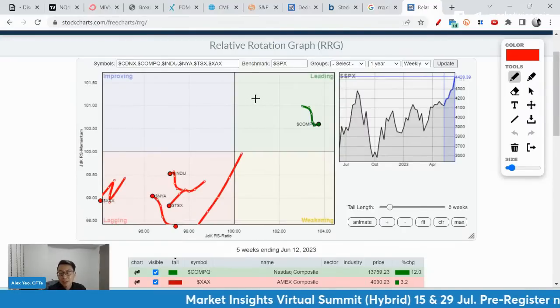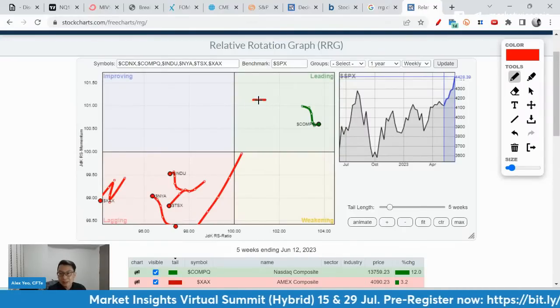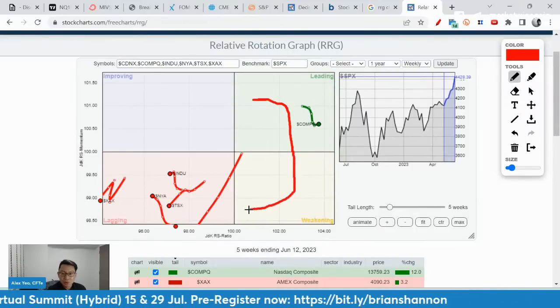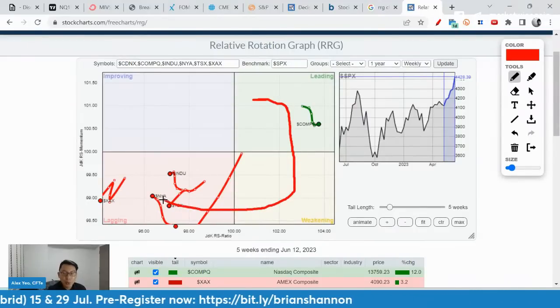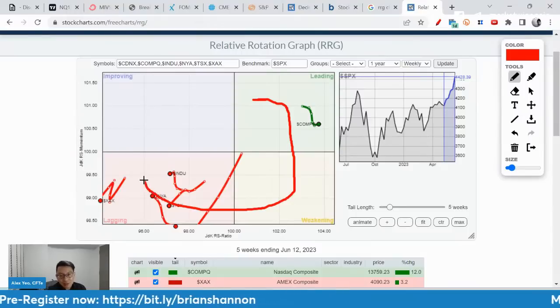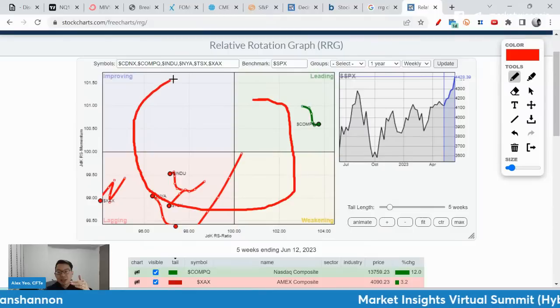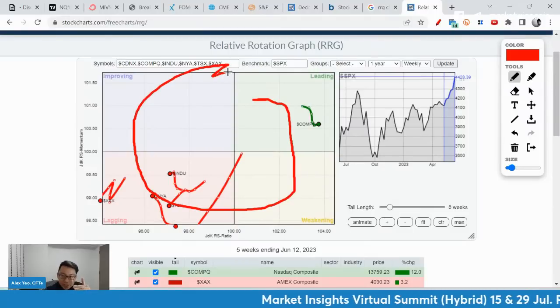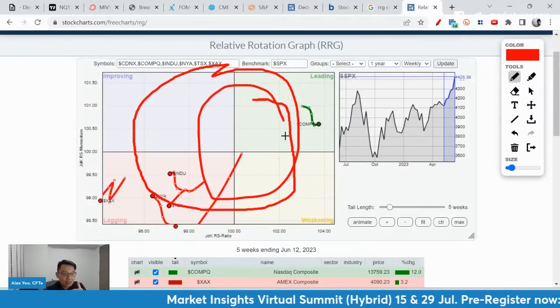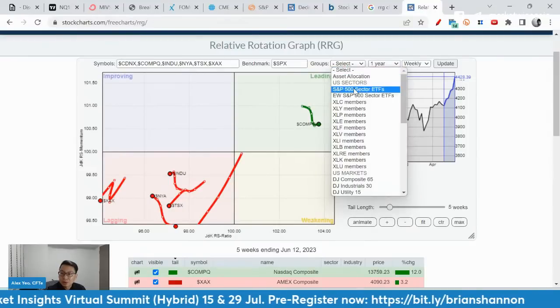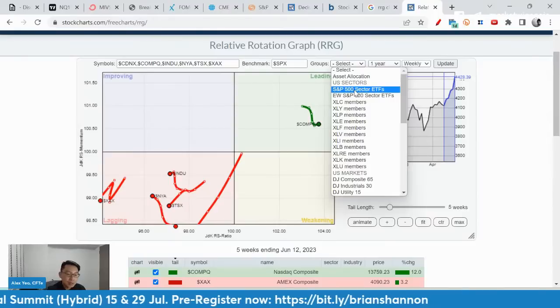For example, technology is leading, then starts to weaken, then lags compared to other sectors. Then one round again, tech starts to improve and then leads again. In this case, you can choose the group, for example the S&P 500 sectors.